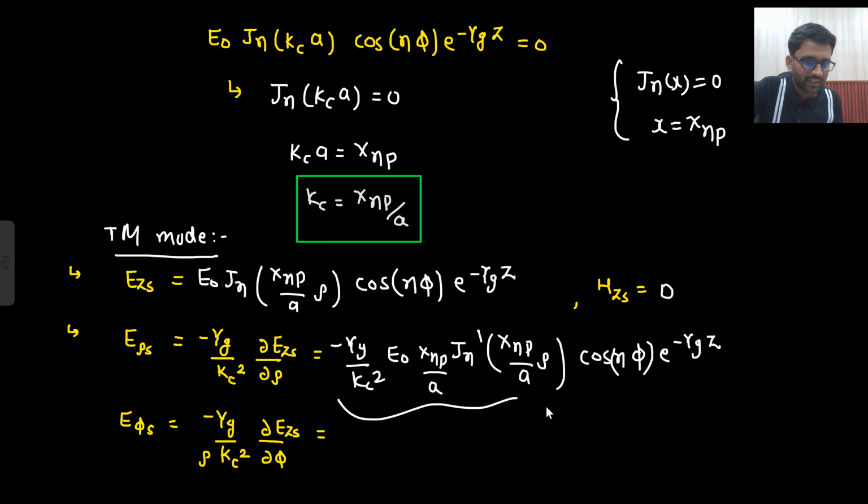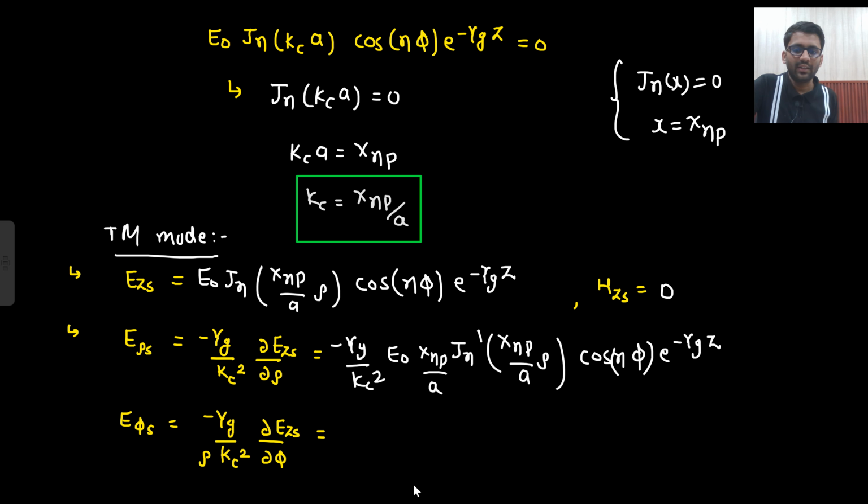Now in the examination, if this expression is coming, then just by looking at the expression, you will know that it is the E rho expression and that it is TM mode. These kind of questions can come in your examination. They can ask you to recognize the mode, which mode it is. These kind of questions we saw in rectangular waveguide, so now these can come in circular waveguide as well. Those questions also we are going to see.